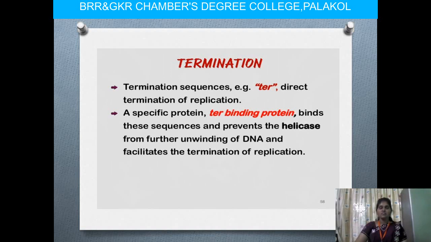A specific protein, the ter binding protein, will bind to the sequence and prevent the helicase from further unwinding of the DNA, and almost all proteins used in initiation and elongation are separated in this stage. The helicase, primers and RNA polymerases are removed, which facilitates the termination of replication. This is the process of replication.